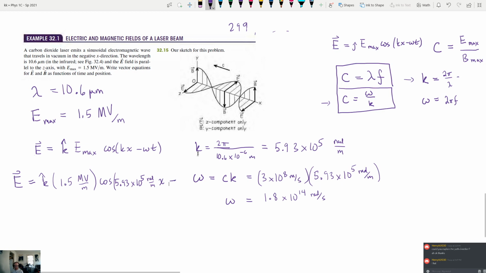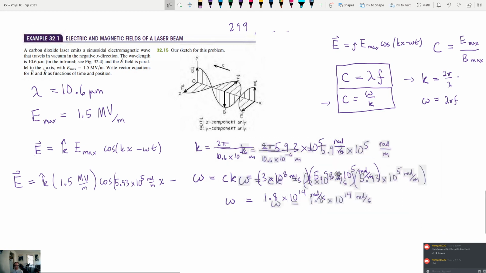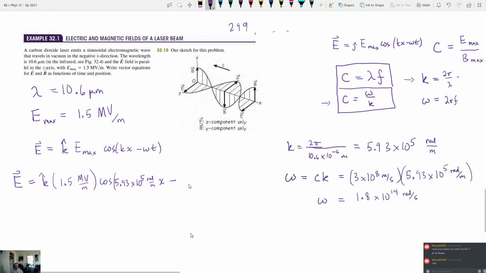Minus omega t. Let me just make some extra space here so that we can put a bracket, parenthesis.